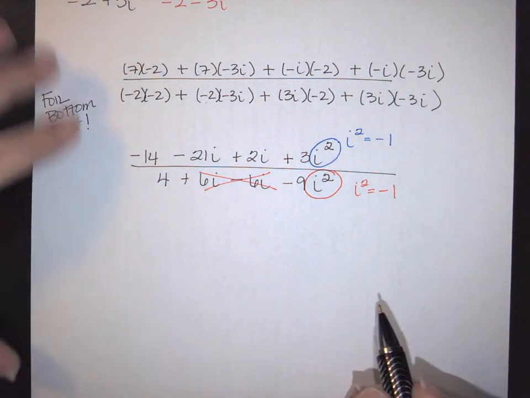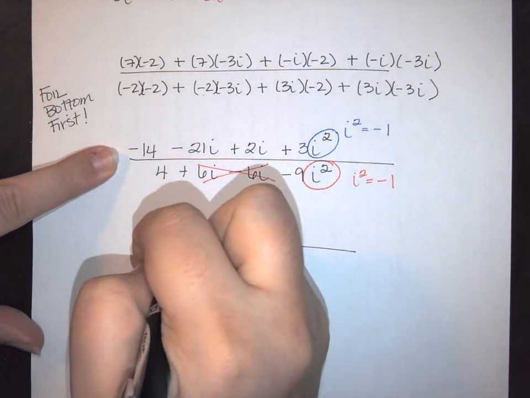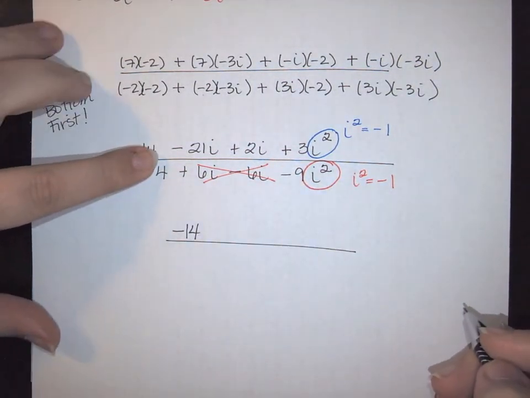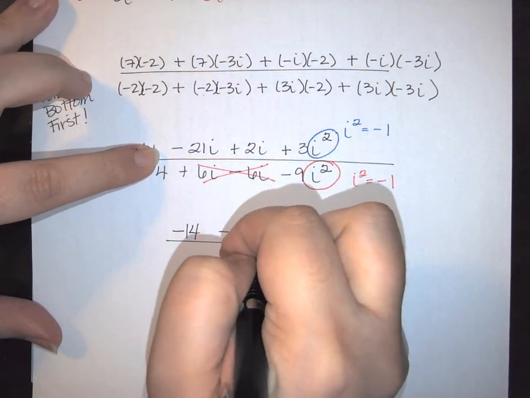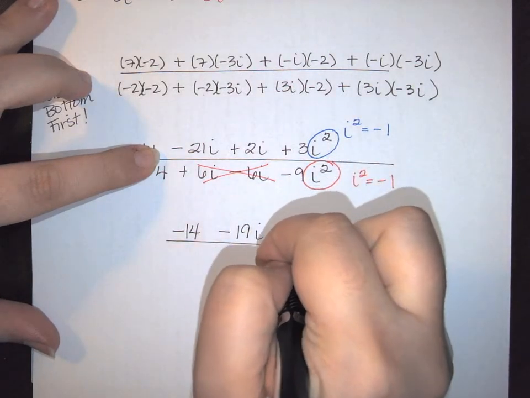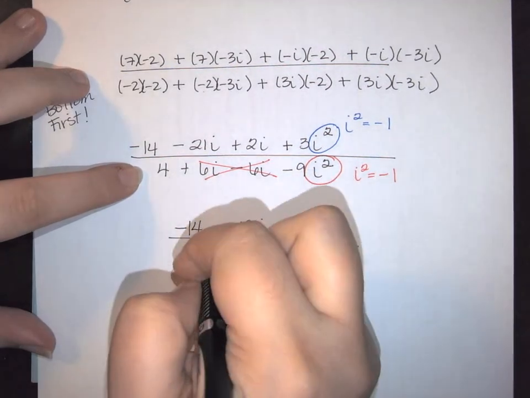So now let's finish simplifying our problem. My -14 is going to be along for the ride for a minute, and I have -21 plus 2 gives you -19i. And then this becomes plus 3 times the -1. Simplify the bottom. This becomes a 4.